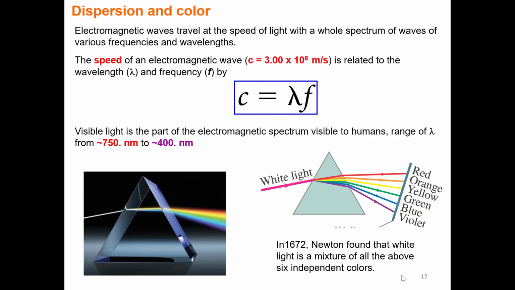And we already discussed the electromagnetic waves. They travel at the speed of the light. This means 3.00 times 10 to the power 8 meters per second. Because they are waves, we can use this equation to describe the motion of those waves. Those waves can be described by wavelength, frequency, speed, and also period, for example, because if we know the frequency, we will know the period of the wavelength.